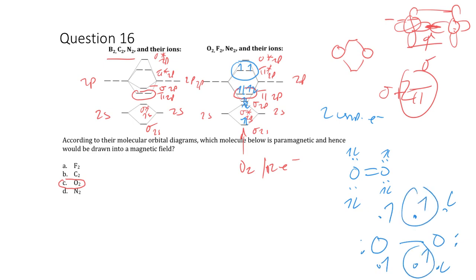Really hard to picture as a Lewis structure. I'm sketching what a Lewis structure might look like for O2 that makes sense in its MO diagram. But the MO diagram shows unequivocally that O2 should have unpaired electrons, making it drawn into a magnetic field.